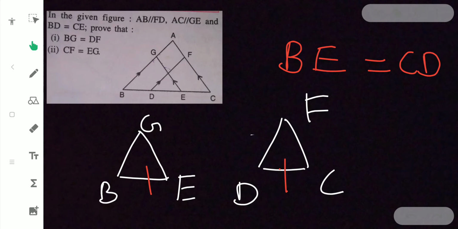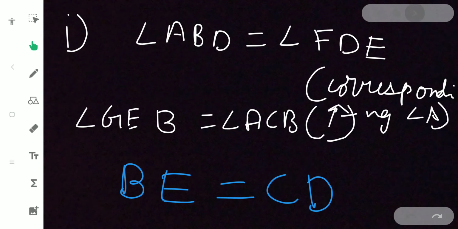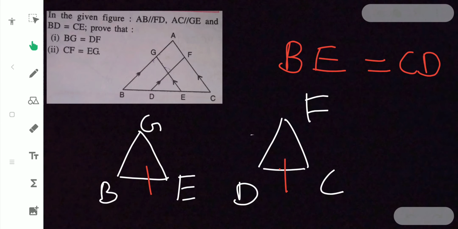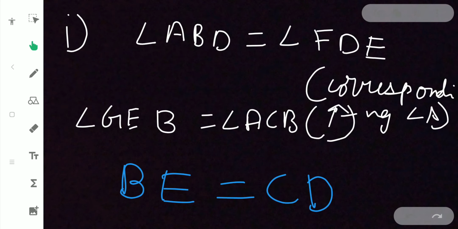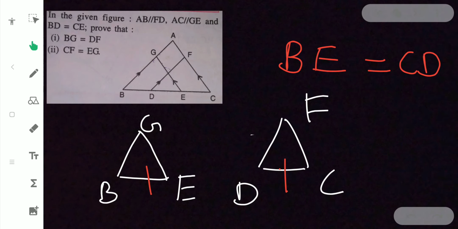Now we are having triangle BGE. This triangle is congruent to triangle DFC by SAS. Sorry, it is angle side. So it is angle side.